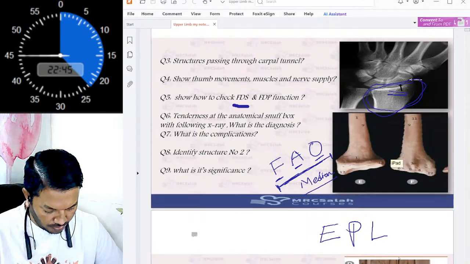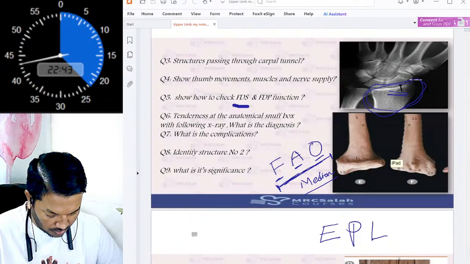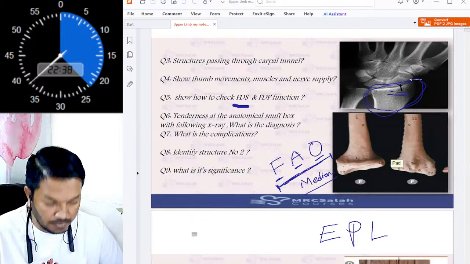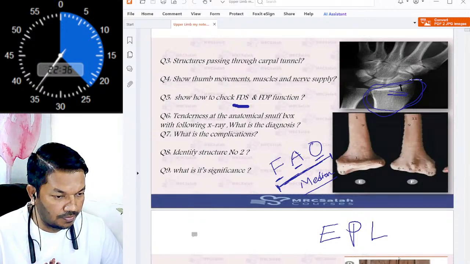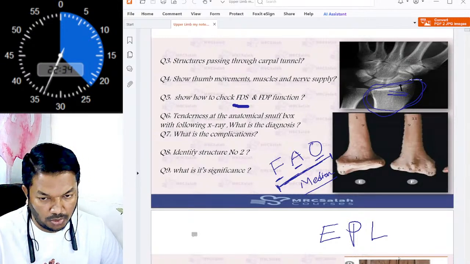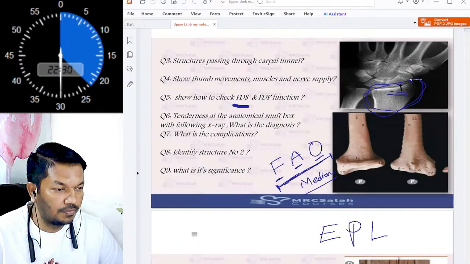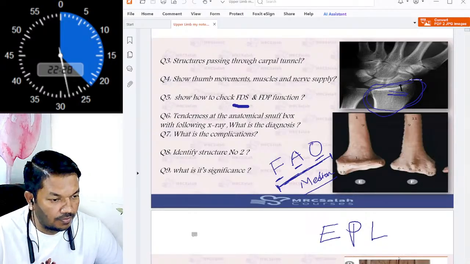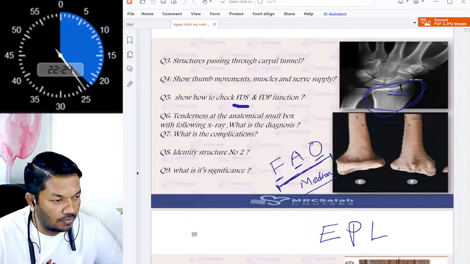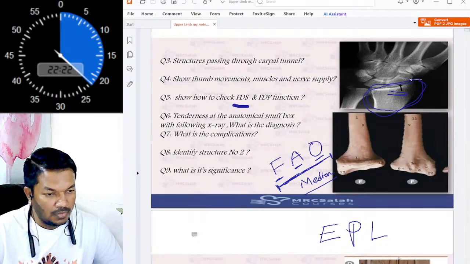What is the Lister tubercle? It is on the dorsal surface of the radius. It serves as a pulley for the extensor pollicis longus tendon, which wraps on the medial side and takes a 45-degree turn.